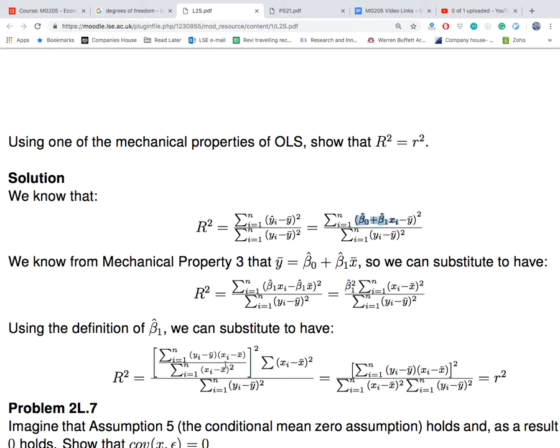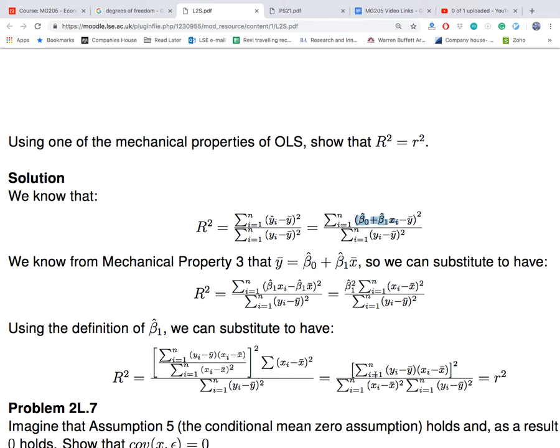And after we do some simplifications here, these two expressions turn out to be exactly the same. Okay? So in the simple linear regression, R square and little r are exactly the same thing.